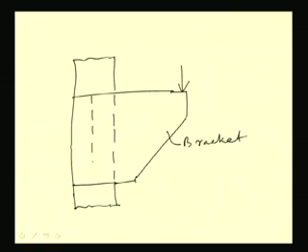Now, this is the CG. So, in this way it has been 1, 2, 3, 4, 5, 6, 7. Okay. So, 8 rivets in each group.